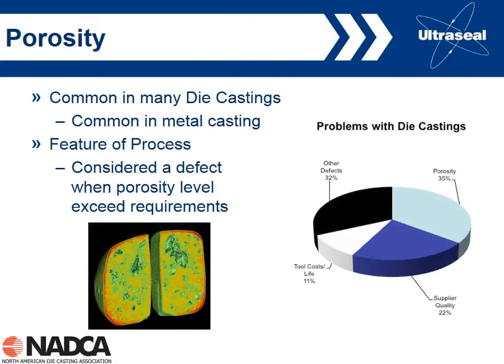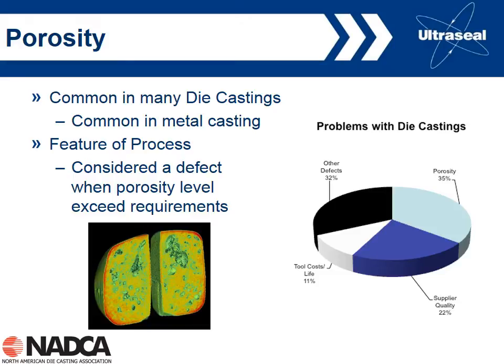So, why do we talk about porosity so much at NAGCA? Obviously, porosity is very common in all die castings, and down the right-hand side of this slide, we've got some data that NAGCA collected. They did a survey of end users, people who use die castings, and asked them what was the biggest problem they encounter with die castings. 35% said porosity was the biggest problem.